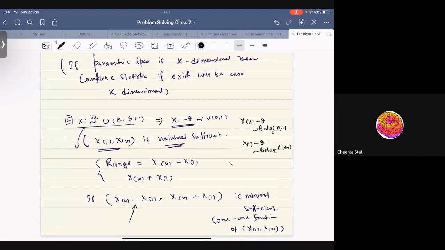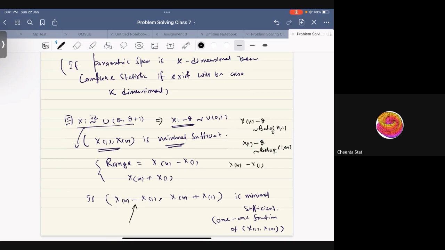So x order n minus x order 1, whatever its distribution will be, is an ancillary statistic, right? But how is it possible? An ancillary statistic is garbage information, and we are also saying that a minimal sufficient statistic contains 100% information about theta. So how can an ancillary statistic be contained in it?